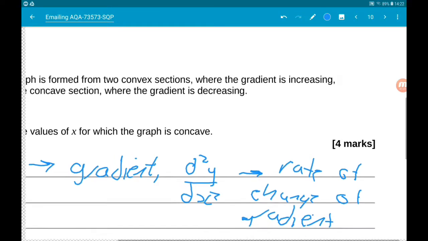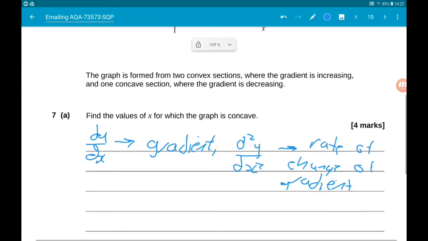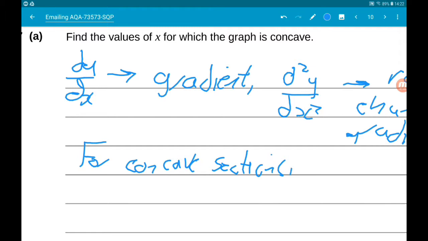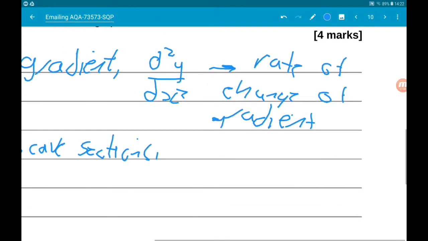So if we want the graph to be concave, for concave sections, the second derivative, so the rate of change of the gradient, is negative. It's less than 0.